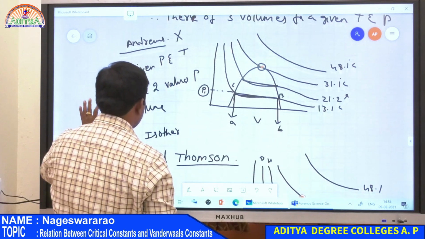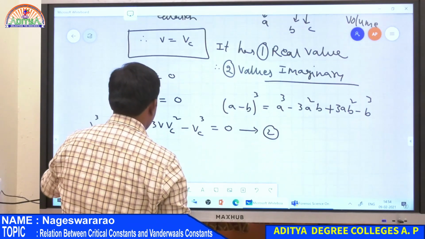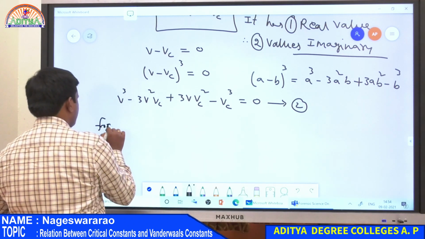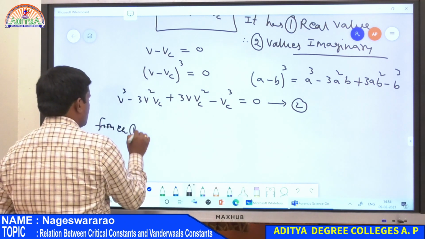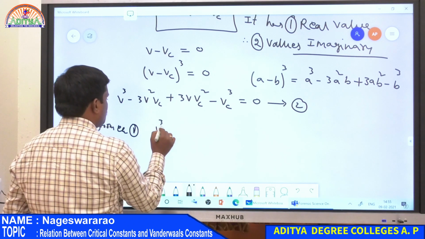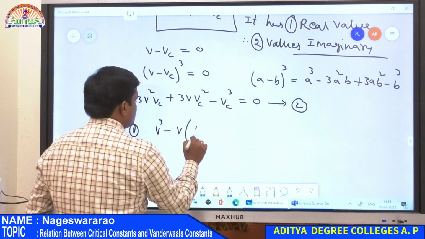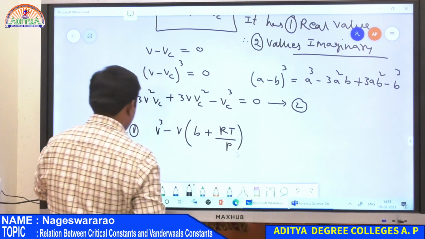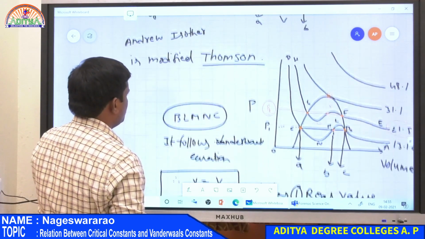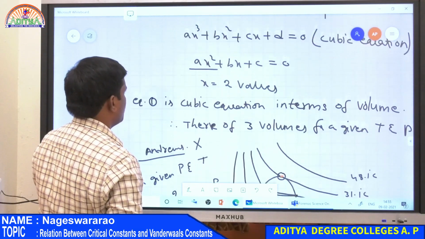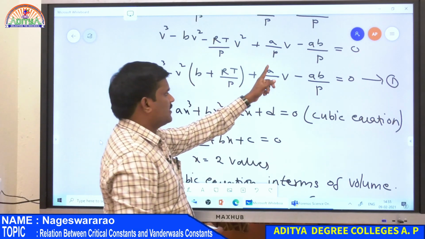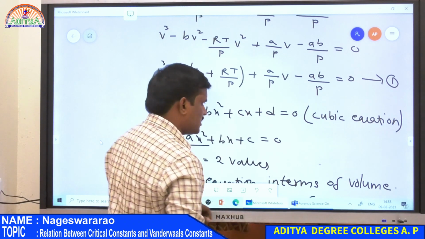V cube minus V square, from equation 1, what is the term? V cube minus (b plus RT by P). Look at the equation again, b plus RT by P. Right, b plus RT by P. Next, a by P into V minus ab by P.